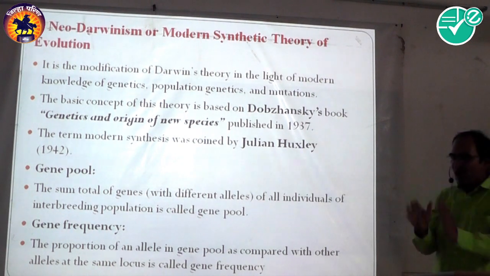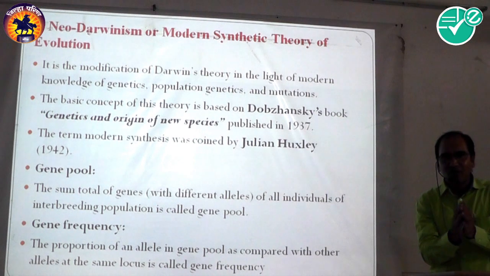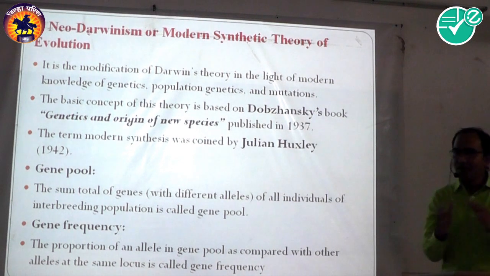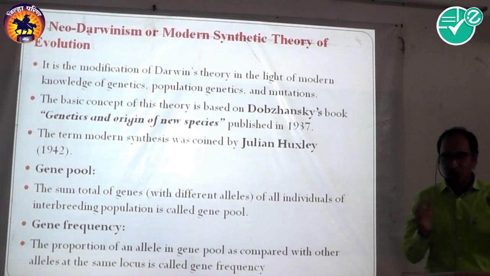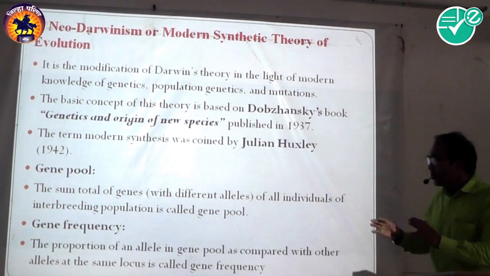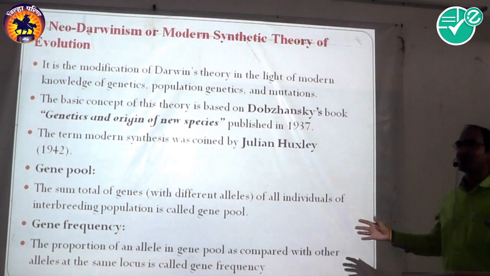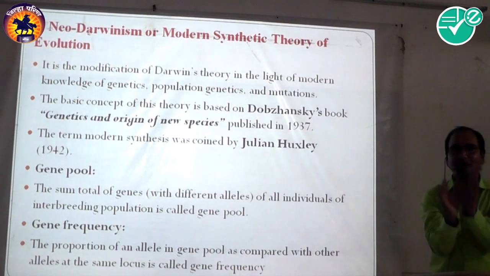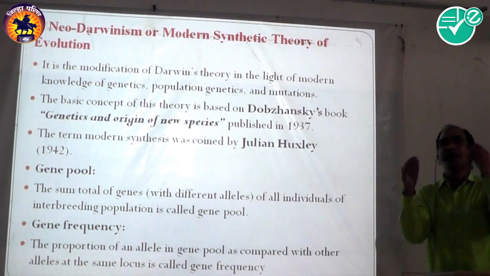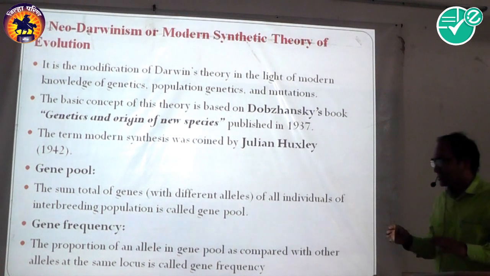So before neo-Darwinism, we should have an idea of population genetics. Firstly, we should know about the gene pool. Simply, gene pool is the summation of all genes present in the individuals of the population. That is known as gene pool.